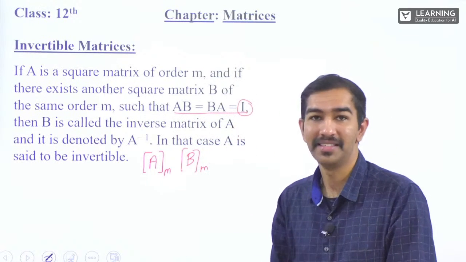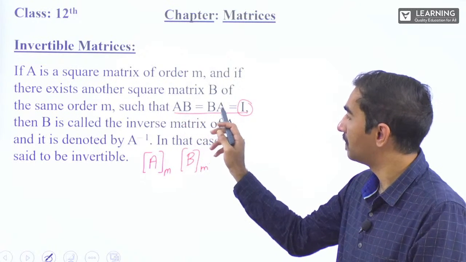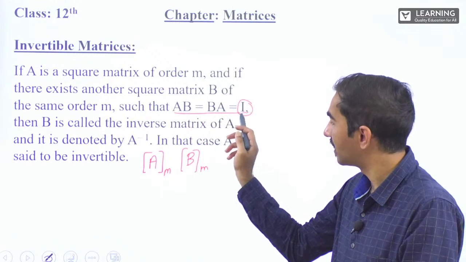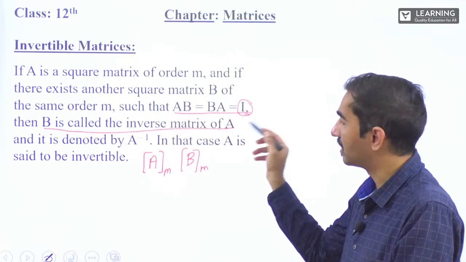I here is nothing but the identity matrix. Matrix multiplication between A and B, and between B and A, if both of them give the product as an identity matrix, then B is called the inverse of matrix A.